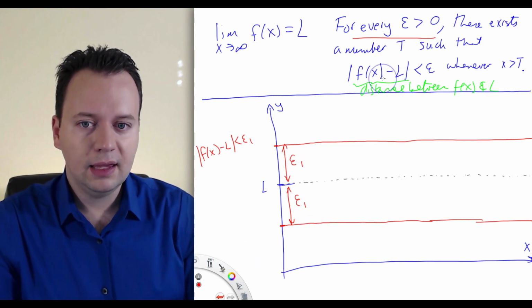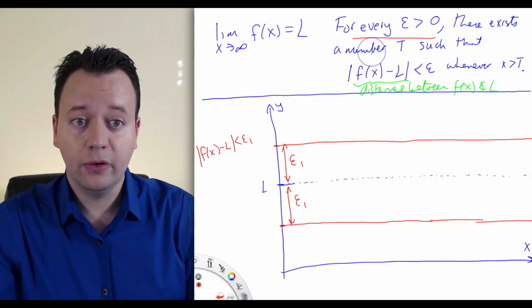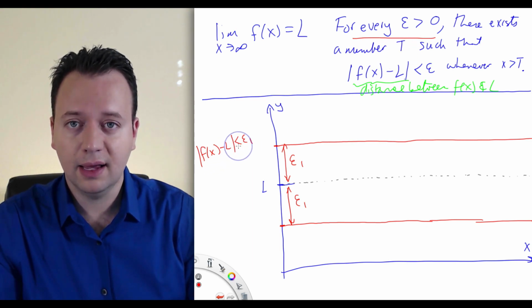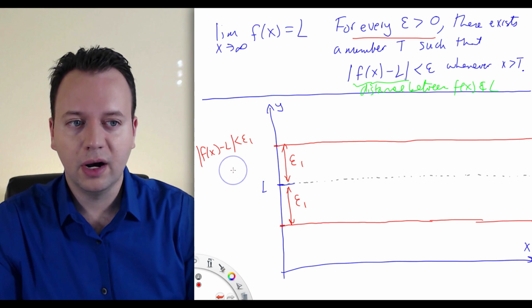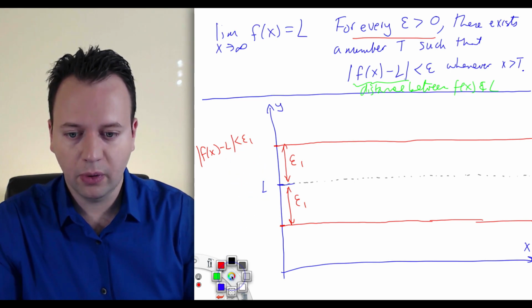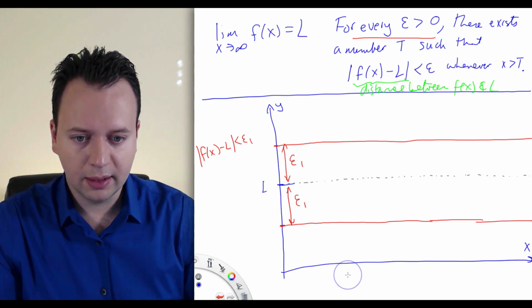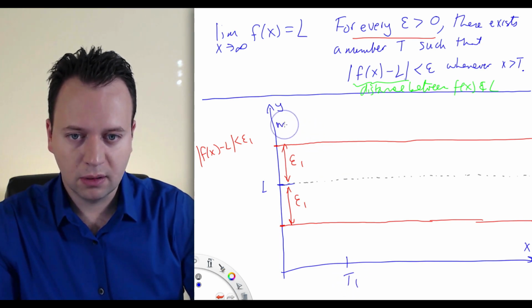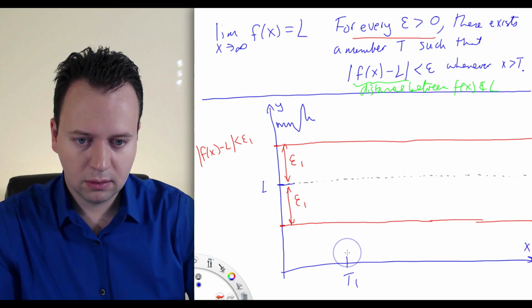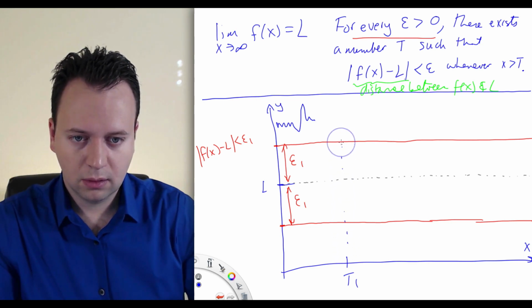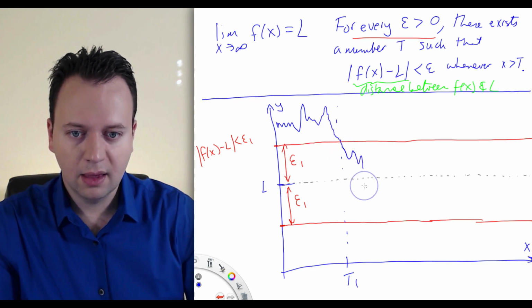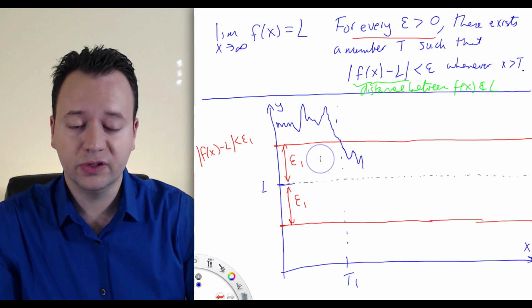So saying that for epsilon 1 there is some number t1 such that f of x minus L is less than epsilon 1 whenever x is greater than t1 means that there's some point, maybe it's right here, t1, such that our function, once it passes this point of no return, it is always within this tube of size epsilon 1.